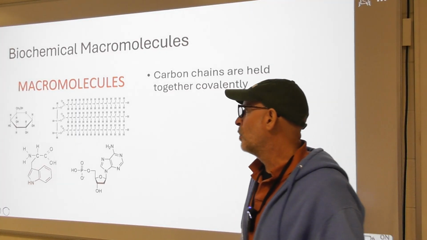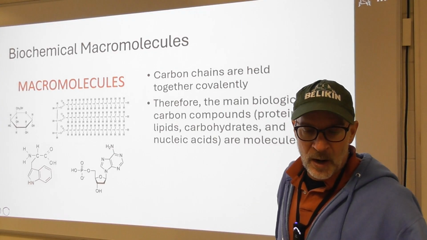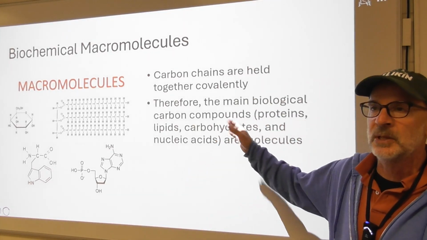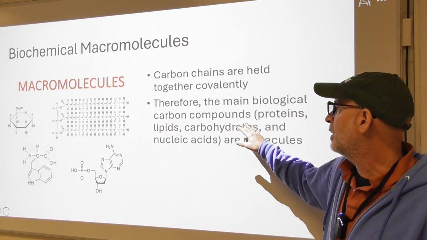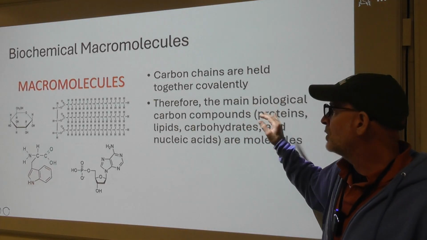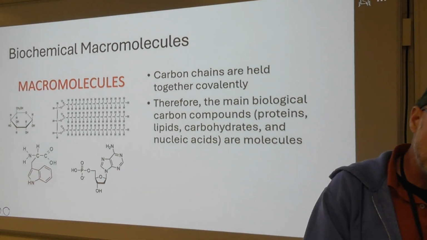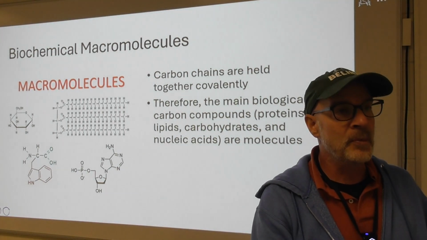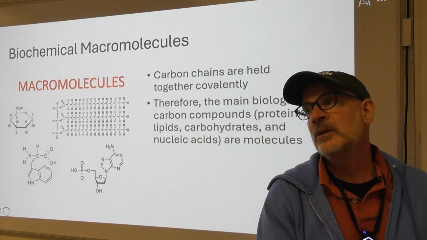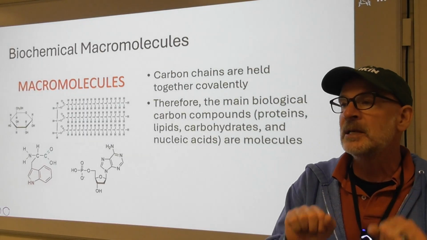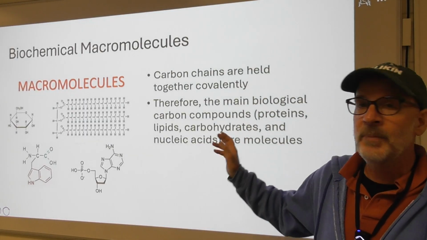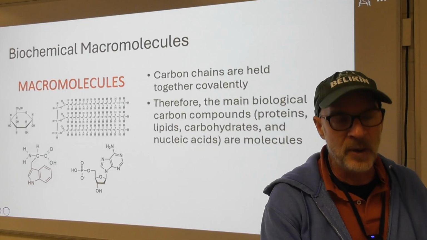And so the ones that we're going to be looking at are, I mean, we'll look at a bunch of things, but the main biochemical compounds are proteins, lipids, carbohydrates, and nucleic acids. And since those are formed from carbon chains, and carbon-carbon bonds are covalent, our biochemical compounds are covalently bound molecules.